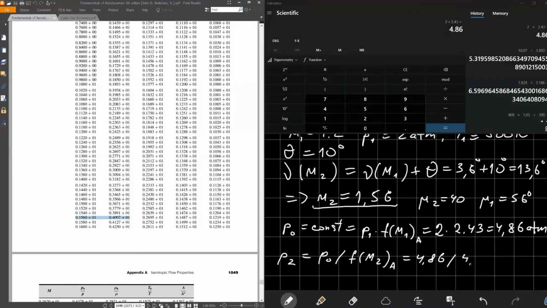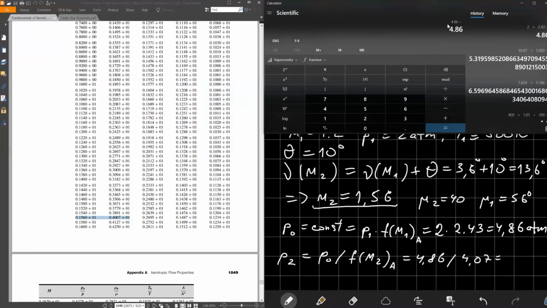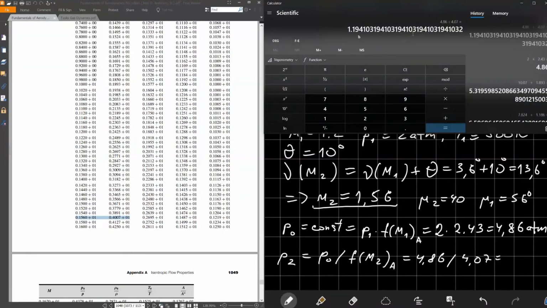Right? 4.07. Okay. 119 atm. So this is my pressure at section 2.